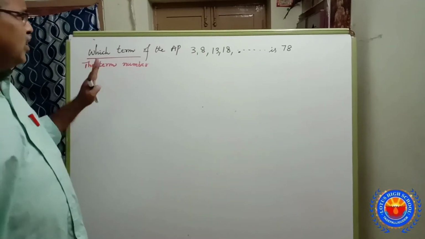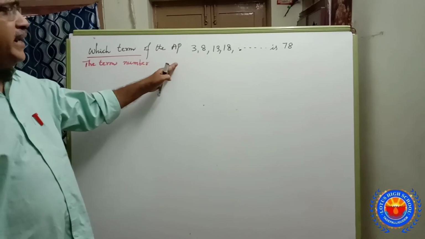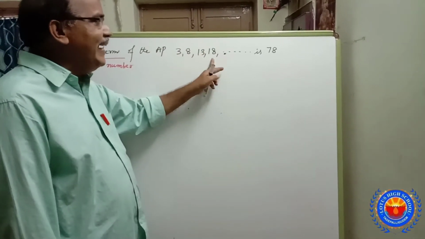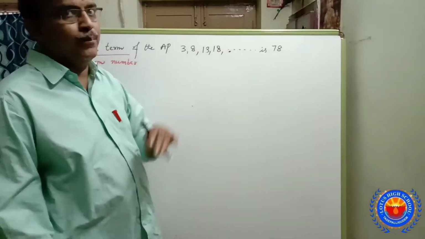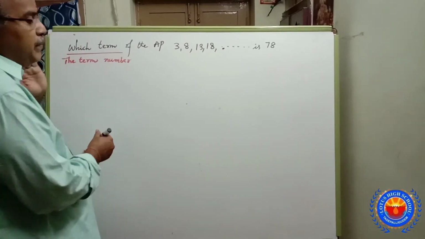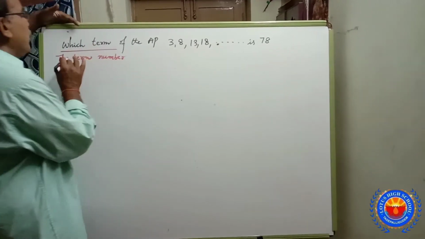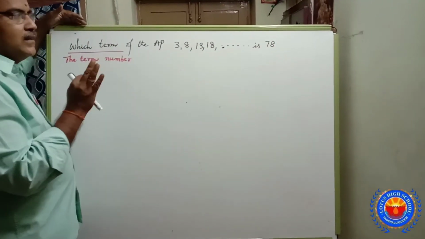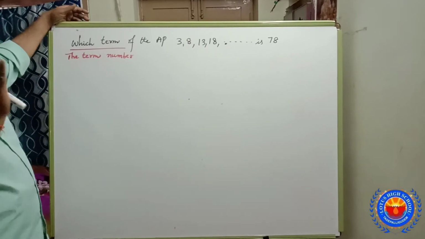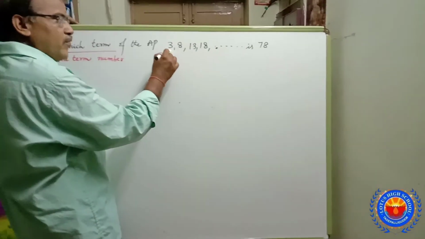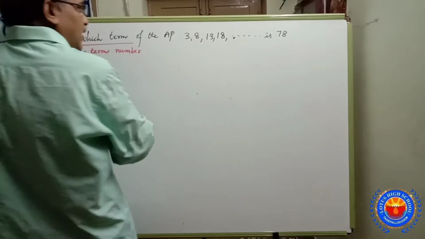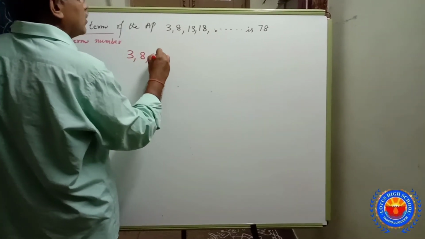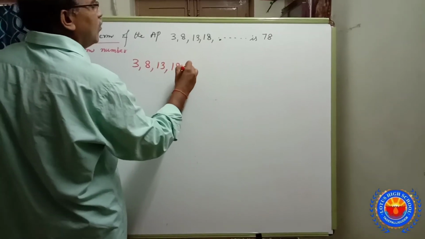So one more model: which term of the AP 3, 8, 13, 18 is 78? Very important. Which term, in the sense the term number. 3 is the first term, then second term, third term, fourth term, like that.